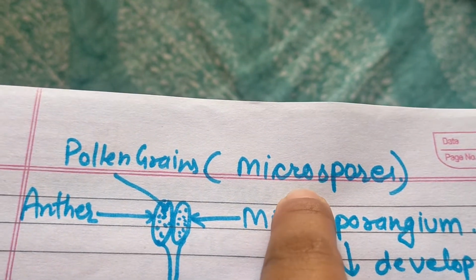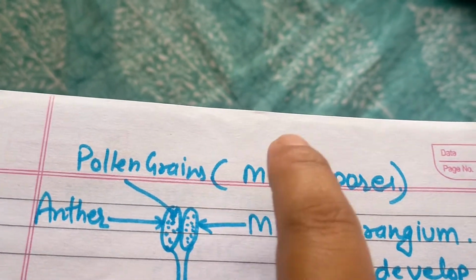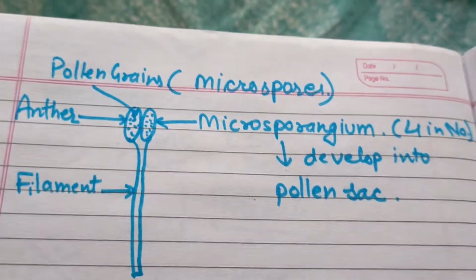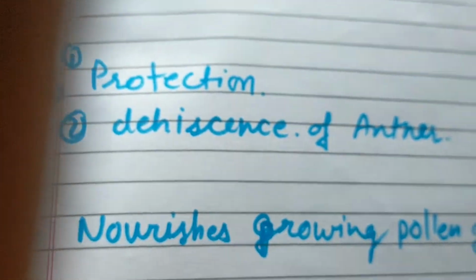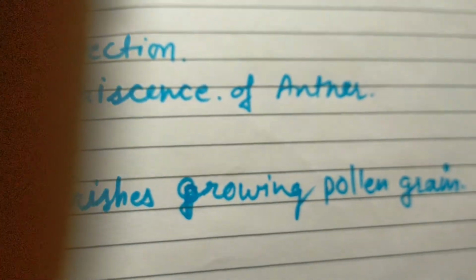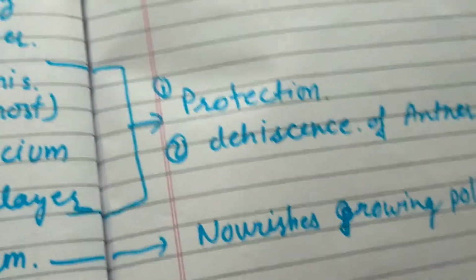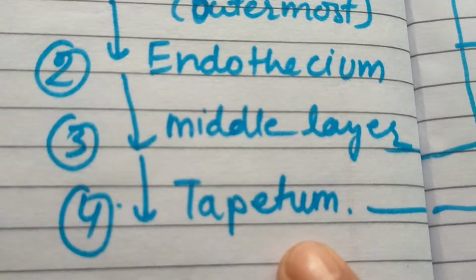Microspore is the immature form of pollen grain, which grows into pollen grain. So what is nourished here? The immature or developing pollen grain is nourished by this tapetum layer.